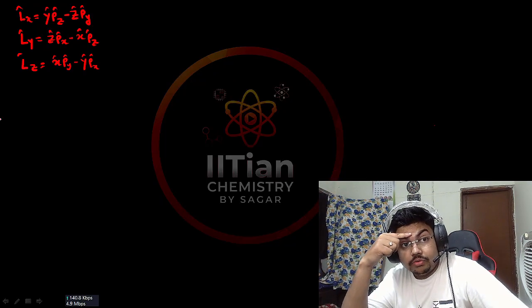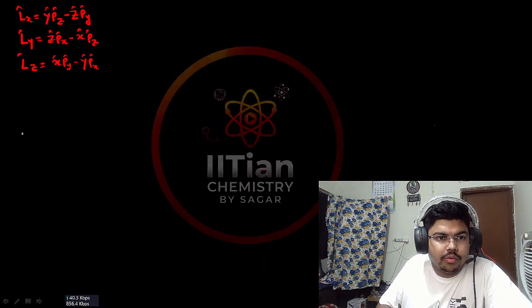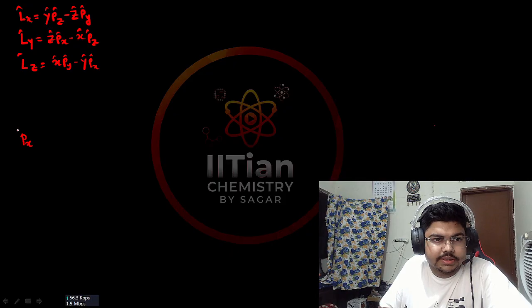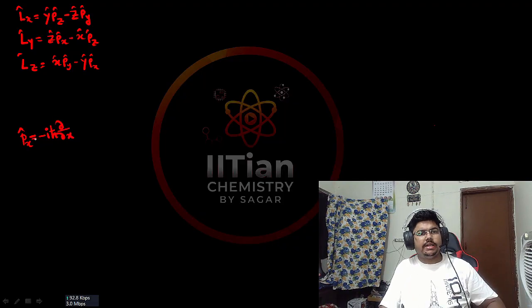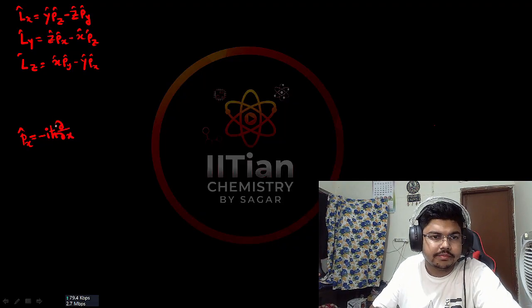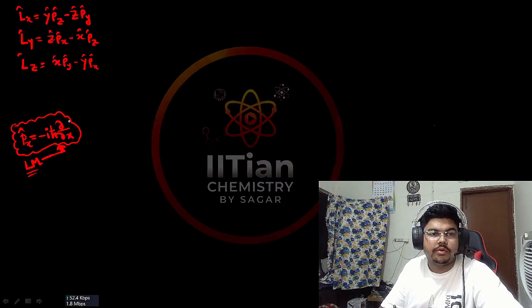Okay, now we have to simplify it. We know px equal to minus I h cross del del x, right? We got this from the linear momentum observable, and it is its quantum mechanical operator. Okay, for the observable linear momentum, this is the quantum mechanical operator. We know this already.